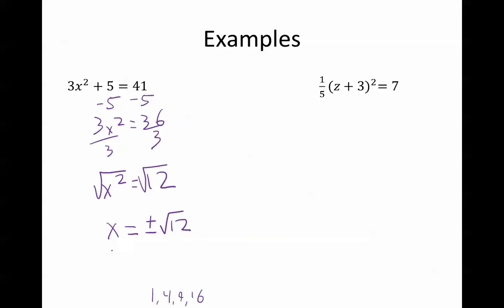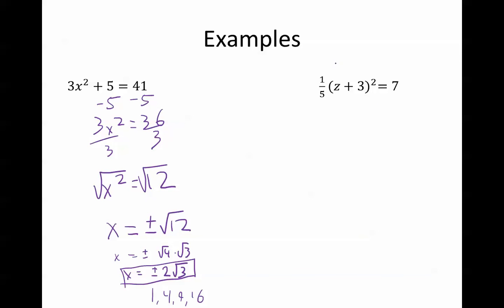Yep, 4 does. So this is root 4 times root 3, or 2 root 3. So there's my solution for that one. Again, solve like normal, but then do the square root to cancel the square. Make sure you add the plus or minus.